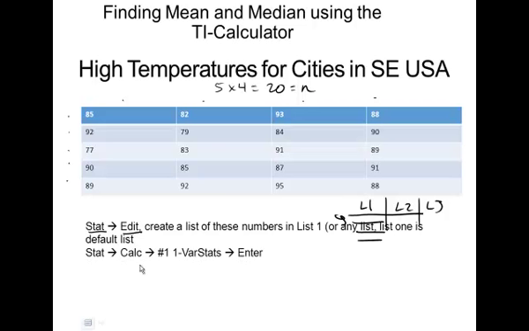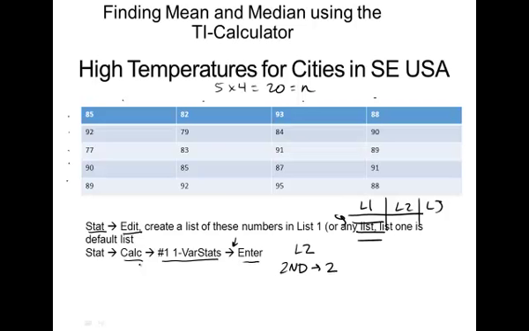Once you've got the data entered, by the way, every time you enter a value, you click enter, and then you enter another value, click enter. Once you've done that, hit the stat button once again, then go over to the calculate menu, select number 1, which is one variable statistics, and then enter. Now notice that didn't specify what list. If you want to specify list L2, you would go second 2.